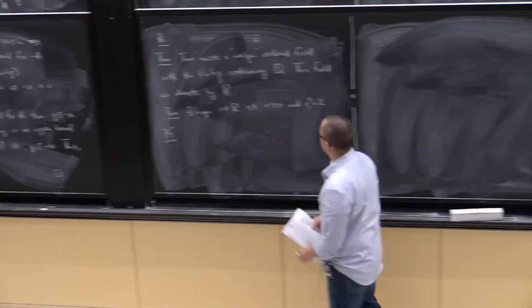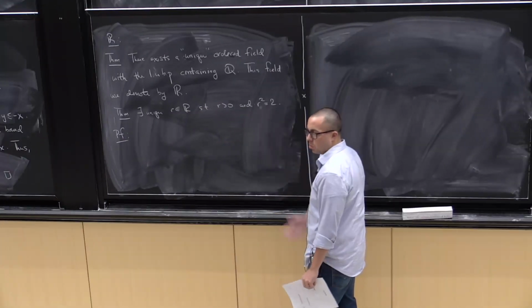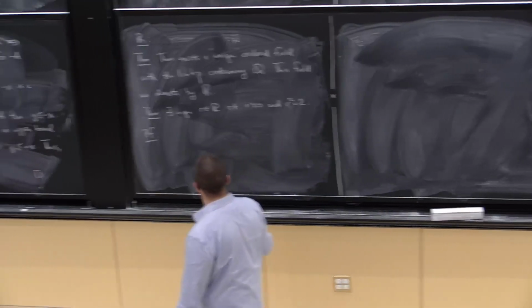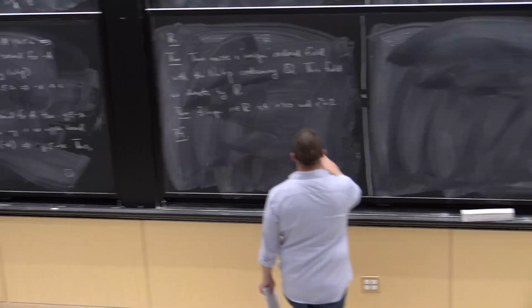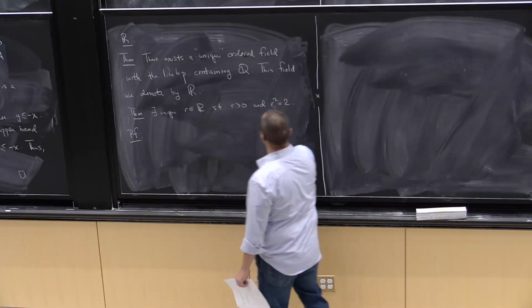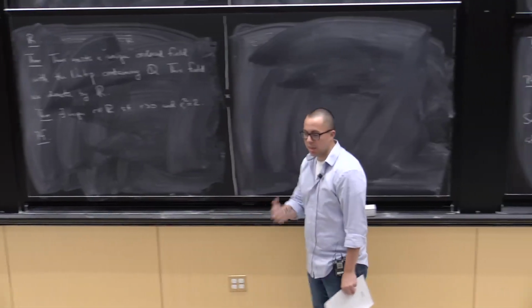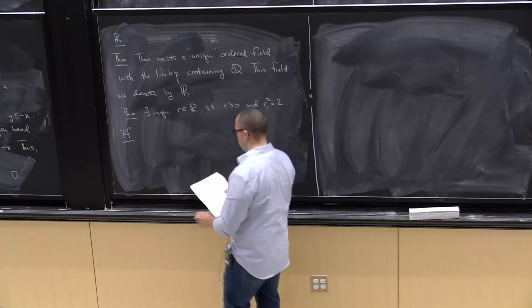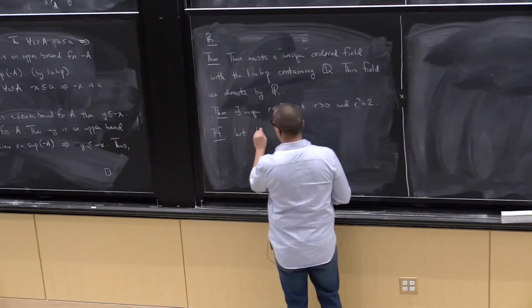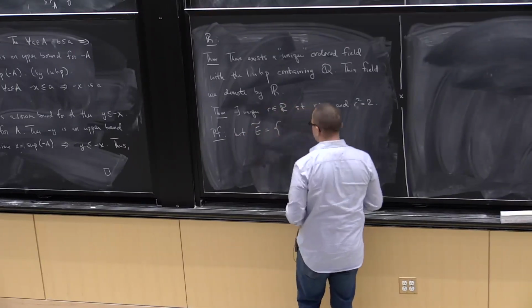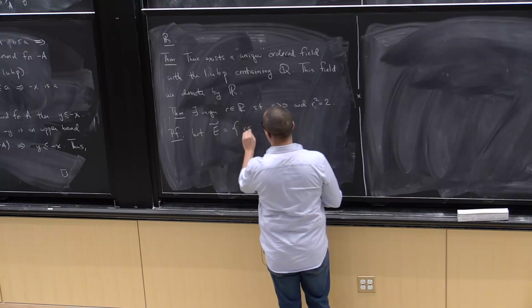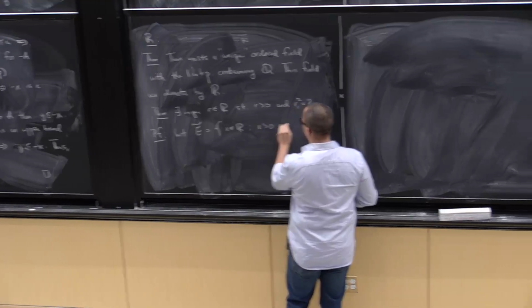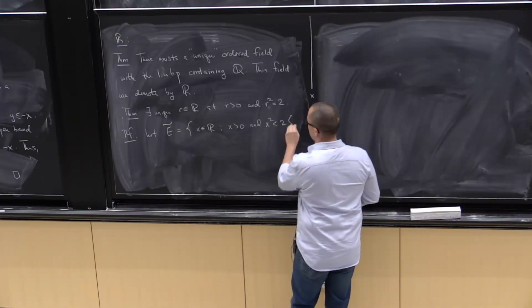And right now, maybe you're tempted to just say, yeah, you said r equal to square root of 2. Well, what is square root of 2? How do you come up with that guy? So we have to come up with some element of R whose square is 2. Now, we basically did that a minute ago in the rational numbers, and kind of the same proof works here. So let E be the set of all x's in R such that x is positive and x squared is less than 2.